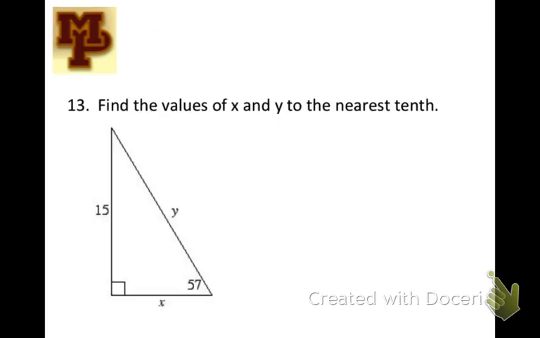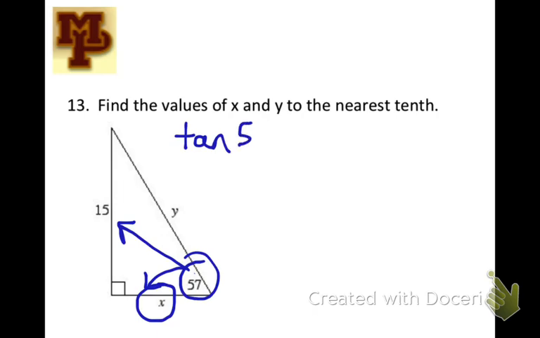Okay, this is a little trig, so we can find the side lengths. Let's try to find this one. If you have this angle measure, it looks like you have opposite, and you're trying to find the adjacent. So that's a tangent relationship. So tangent of 57 is equal to opposite, that's 15, over the adjacent. This is the one that I do kind of a two-step.